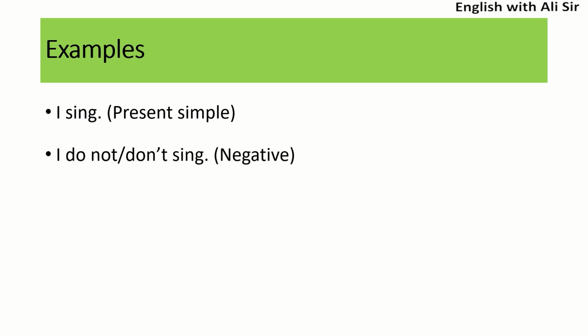And if we convert it into an interrogative sentence, it becomes do I sing. So this was one general example. We can take some more examples in order to see how we play with this present simple tense.